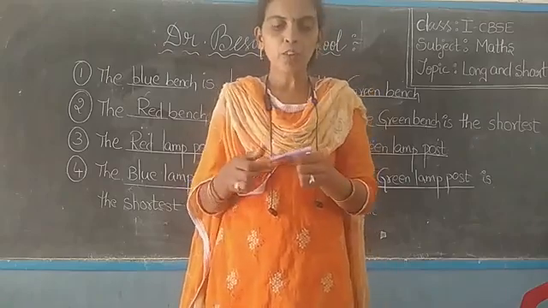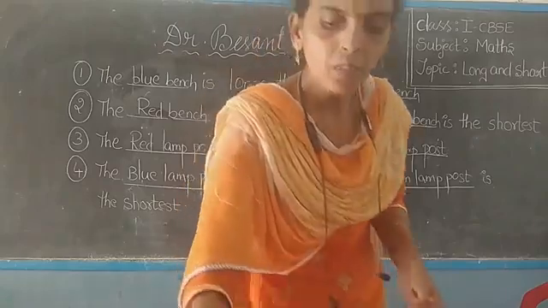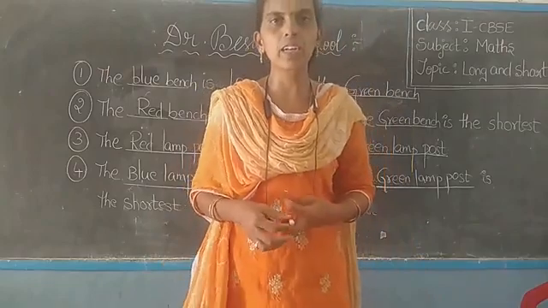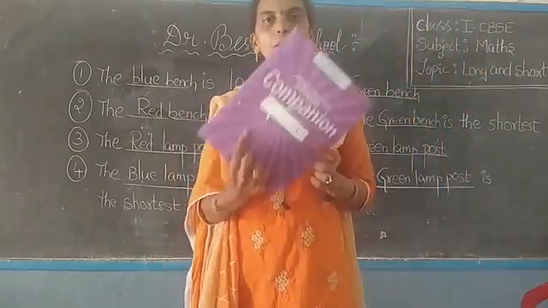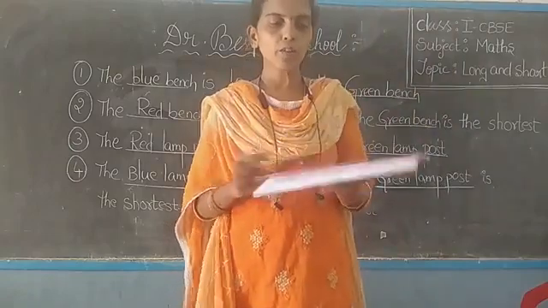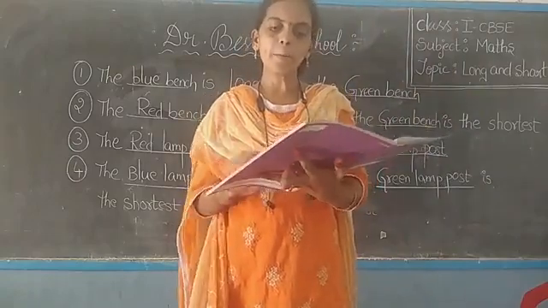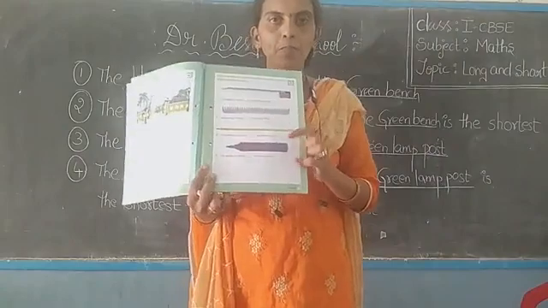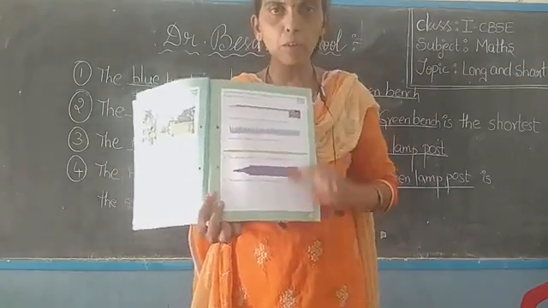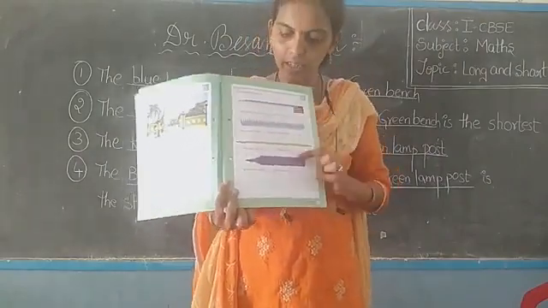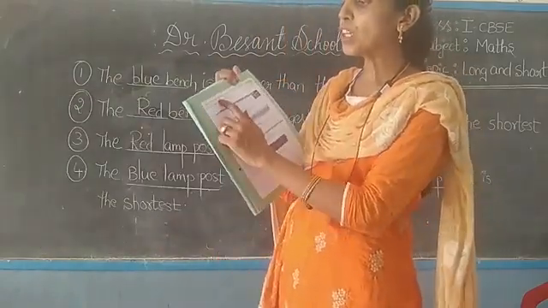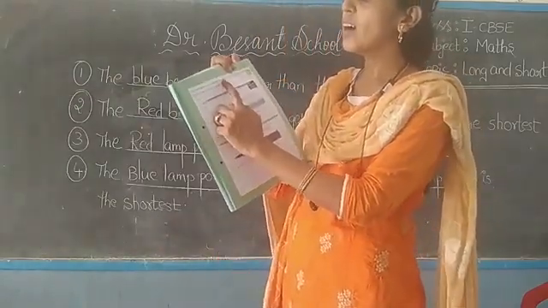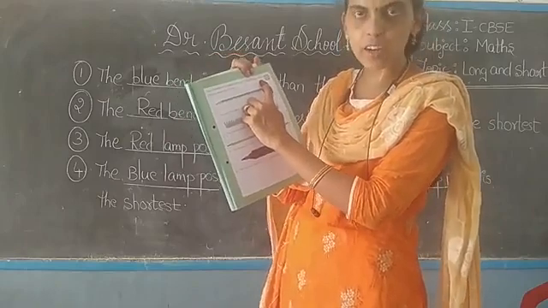Am I clear? Based on this, there is a small homework for you children. If you open the companion book, page number 3, there is a small activity here. Use a sharpener to measure the length of the following pictures.